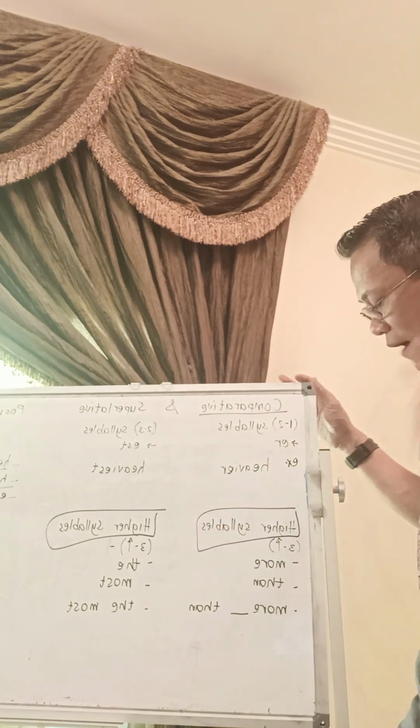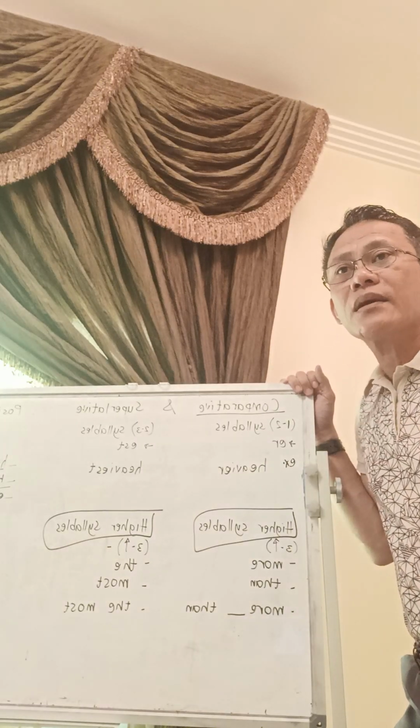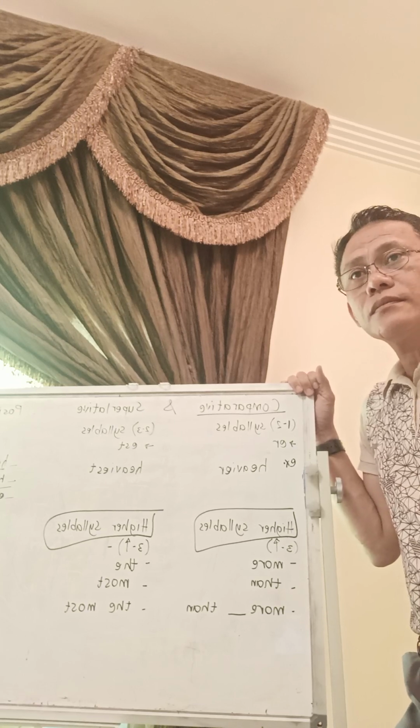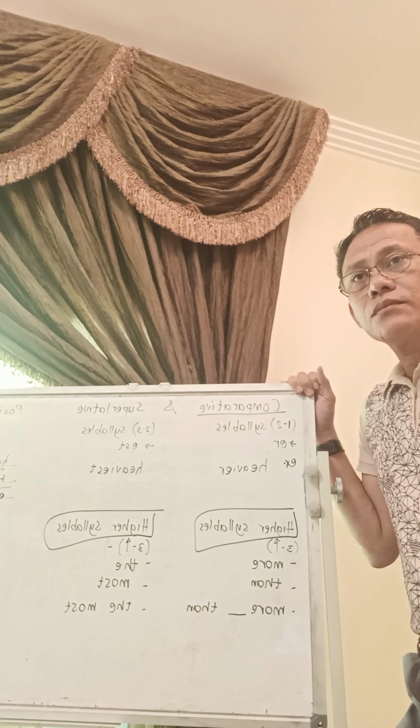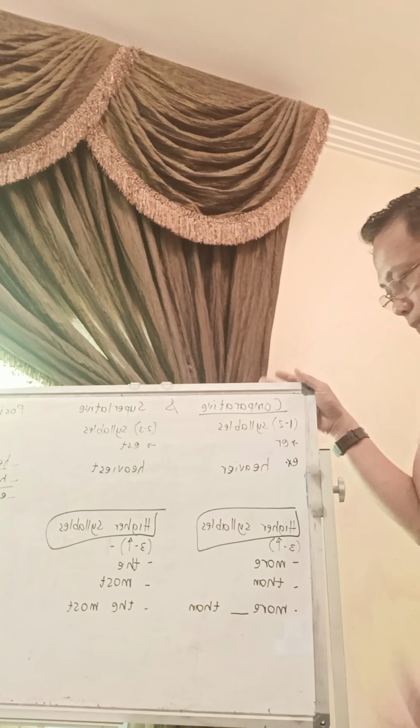What about if you have more than 3 syllables in the comparative? What will you do? Add more before the word. And in superlative, you're supposed to add the before the word, and then most. Listen.